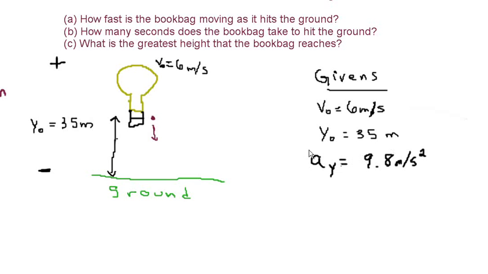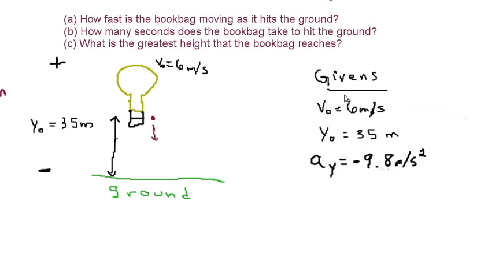Now, one thing you should notice is, remember vectors, and remember we assigned up as positive and down as negative. So because the acceleration is pulling the book bag downwards, we have to say that this is negative 9.8 meters per second squared. Okay, so that's another very, very important thing.